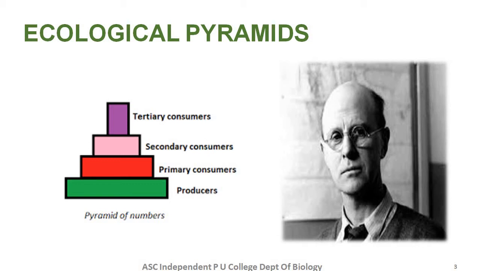The base tier represents producers, which is the first trophic level, and the apex represents the top consumer, which will be the last trophic level. These pyramids were first formed by Charles Elton, hence they are also called Eltonian pyramids.